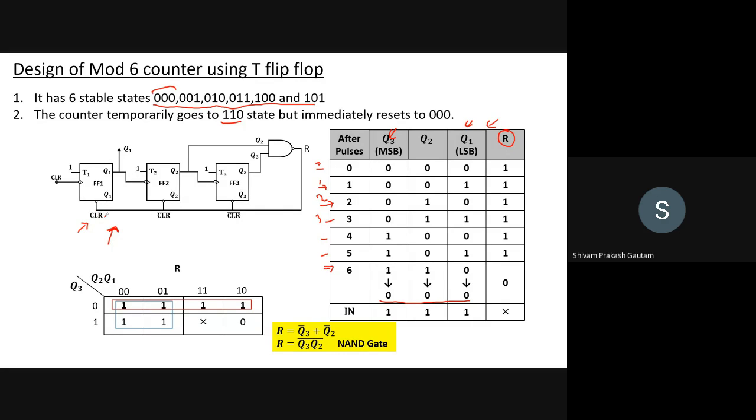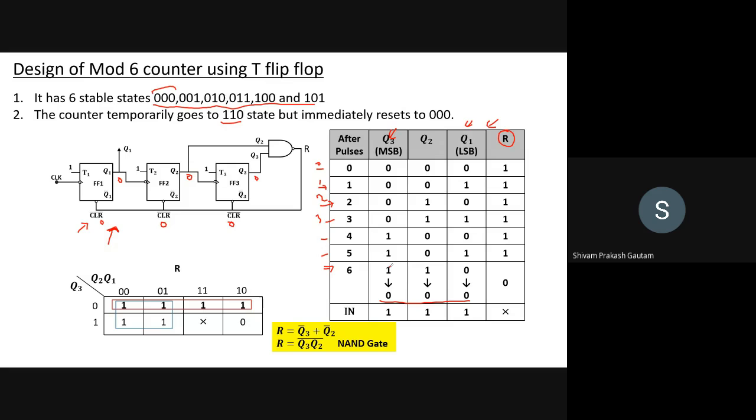Whenever this is 0, that means the flip-flop has to reset itself. If you recall from the last slide, whenever the input to clear is 0, the flip-flop will have 0 output. This is the concept, right?